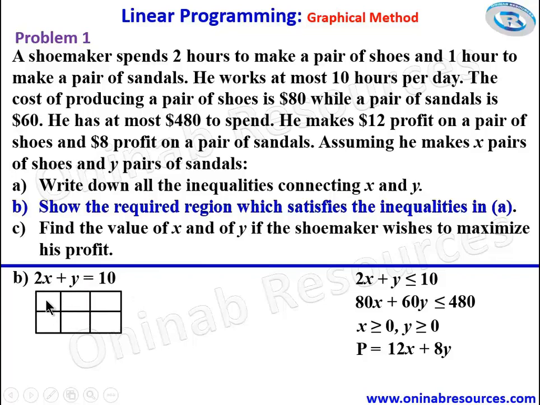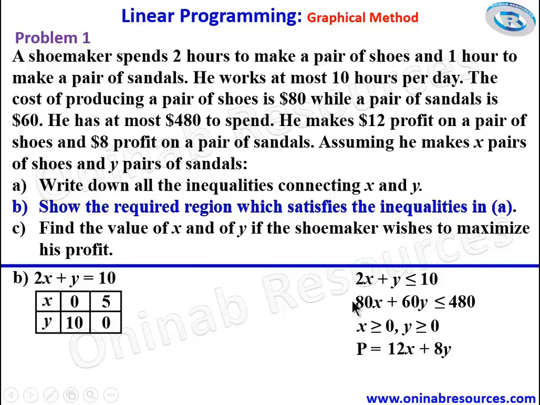Then we now have our table. This is x, this is y. We are going to use the intercept form to create the table. So when x is 0, y is 10, so we have 10 here. And here when y is 0, we have 2x is equal to 10. Dividing both sides by 2, we have 5.